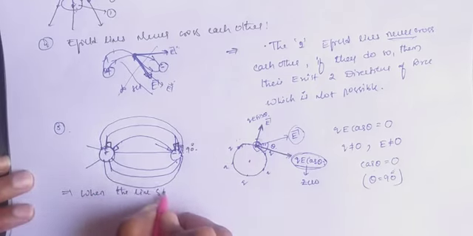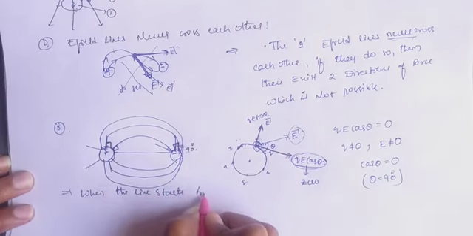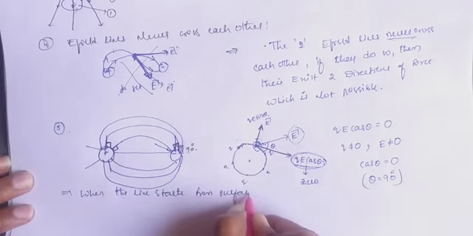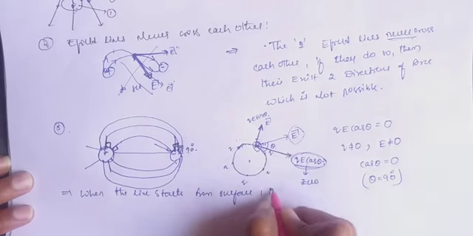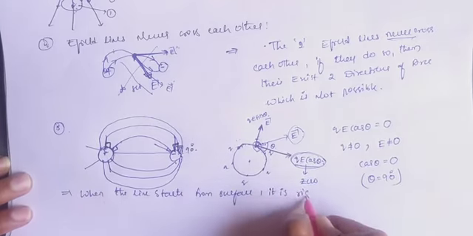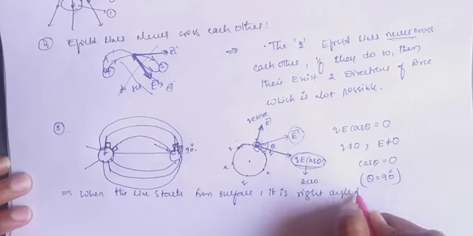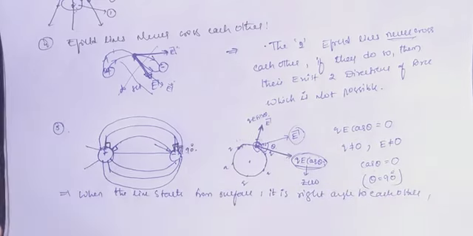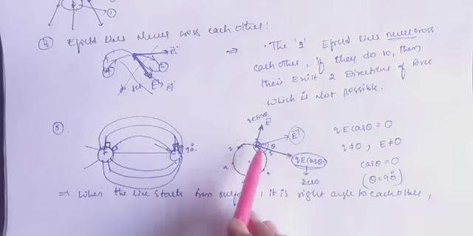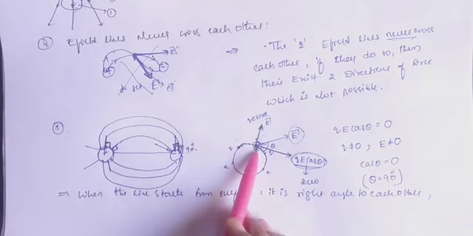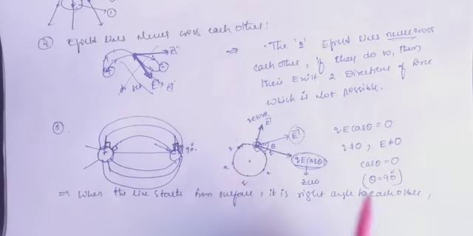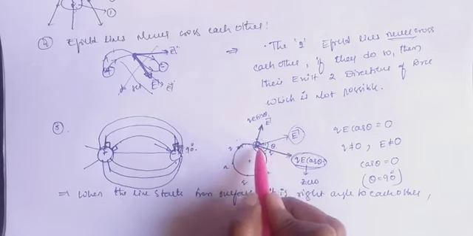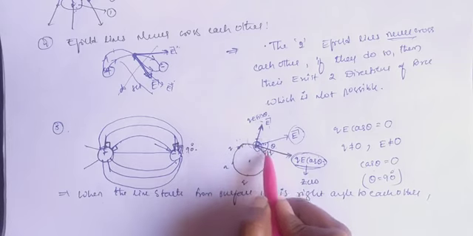So when the field line starts from the surface, it is at a right angle to it. Why? Because of the force applied on the test charge. If it is not a right angle, if it makes some angle, then a force is applied on the test charge.